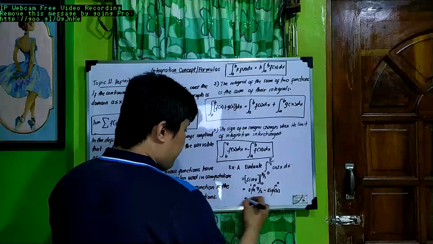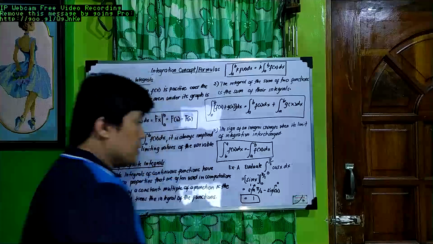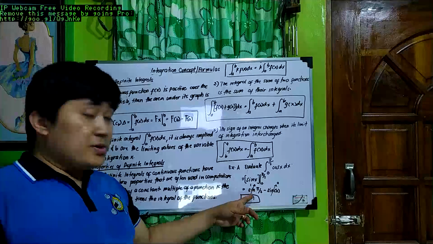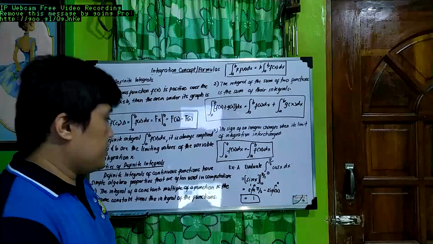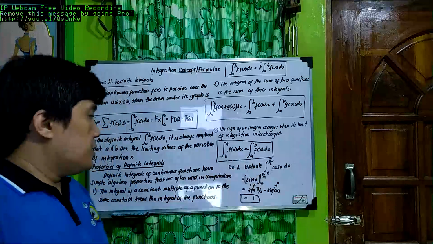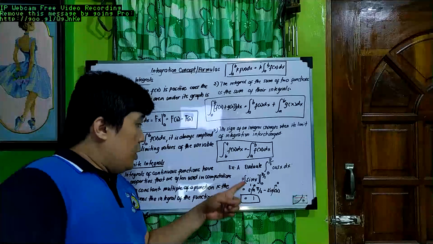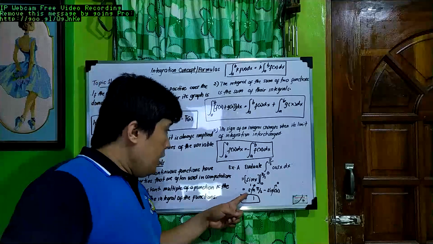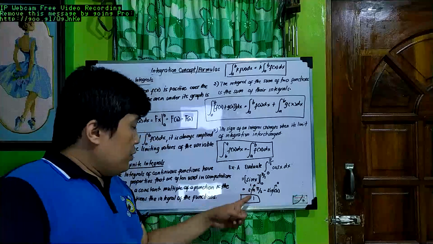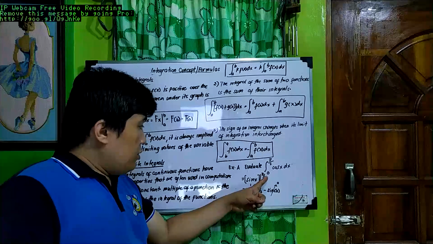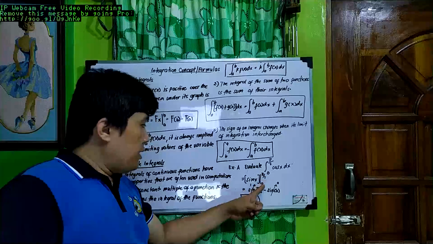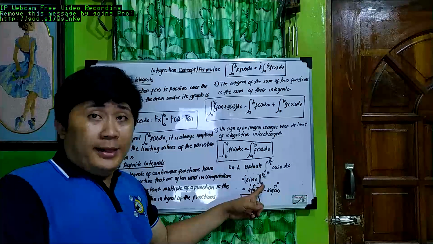Therefore, our answer is 1. You use radians here because you are using pi. That's how you do it: first substitute the upper limit, then deduct the lower limit.